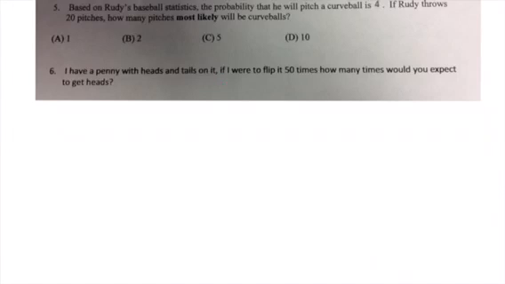All right, let's take a look at number 5 and 6. Number 5, based on Rudy's baseball statistics, the probability that he will pitch a curveball is 1/4. So we know that 1/4 is important. If Rudy throws 20 pitches, how many pitches most likely will be curveballs? So this is 20 times 1/4.